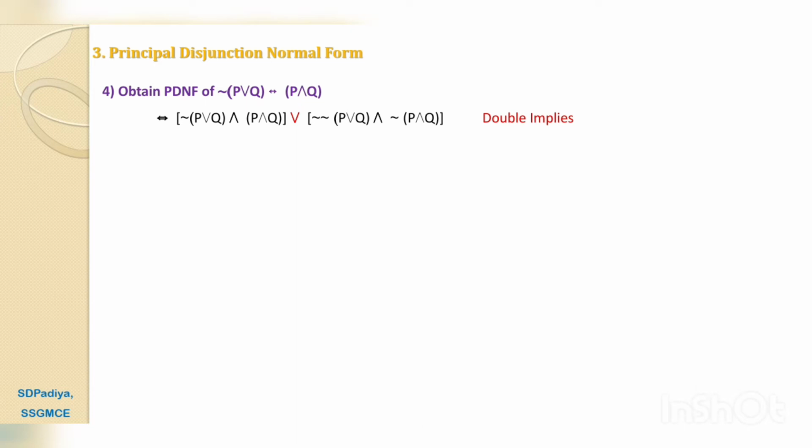Therefore, here it is logically equivalent to not in bracket P or Q and P and Q, or not P or Q and not P and Q. If we solve this negation of the not, therefore it is logically equivalent to not P and not Q by using De Morgan's law, and P and Q, or the negation we can remove, therefore it is P or Q, and again by using De Morgan's law it is not P or not Q.